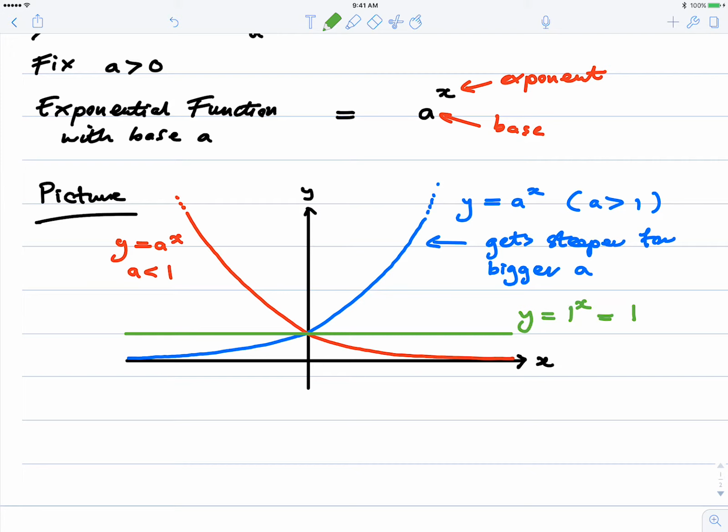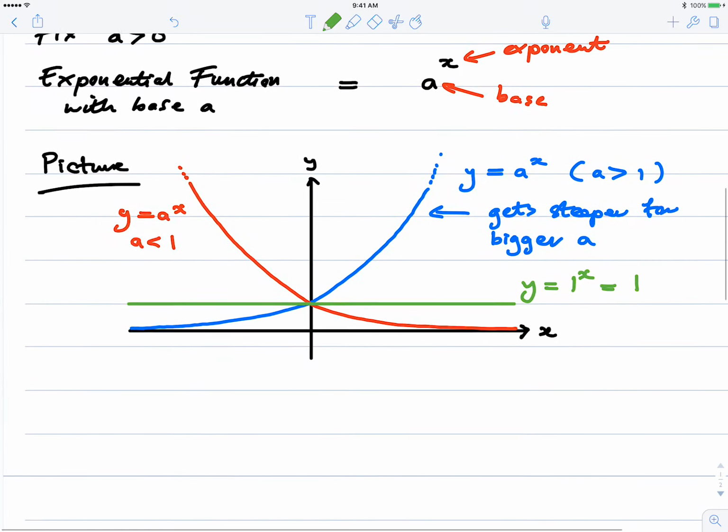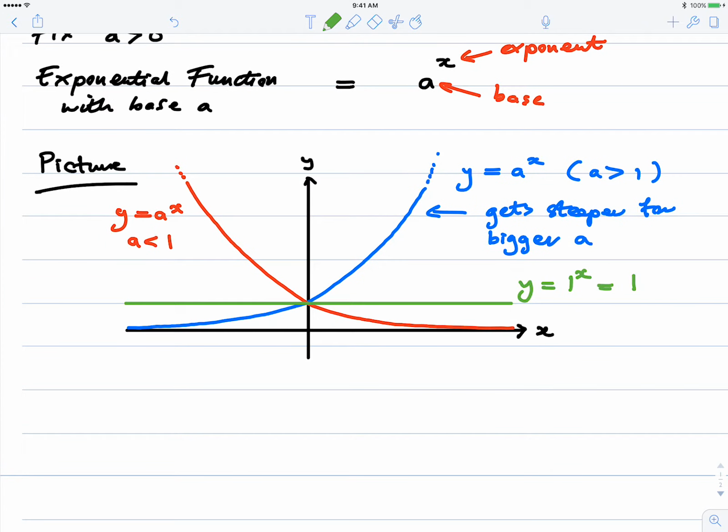Okay, so from this picture, we can see a few things. First of all, the domain of the function. If a is equal to 1, the graph is very different, so obviously we have a different domain. Actually, no, what am I talking about? This is silly.